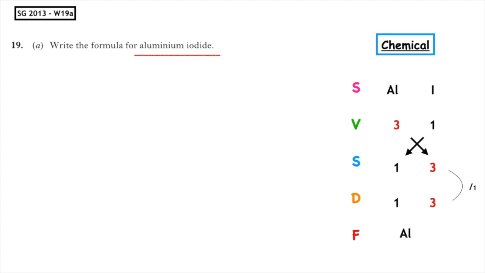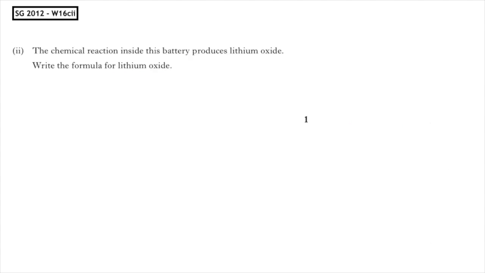So therefore, the chemical formula is Al. We don't write ones, so we leave that as it is. I3.